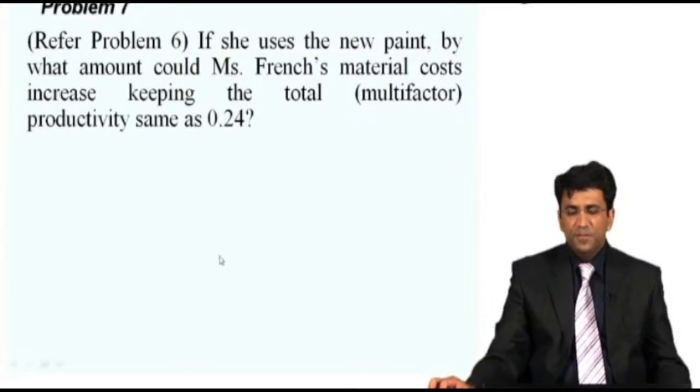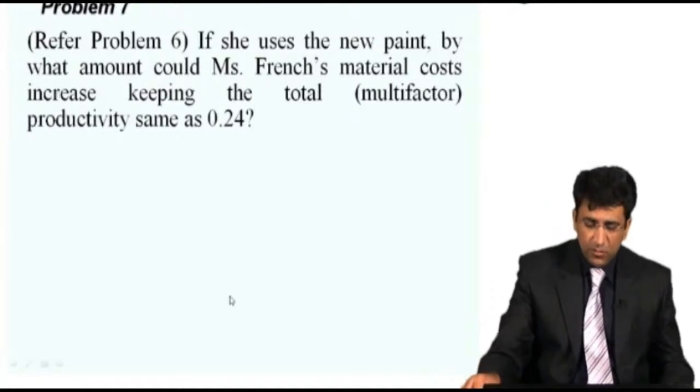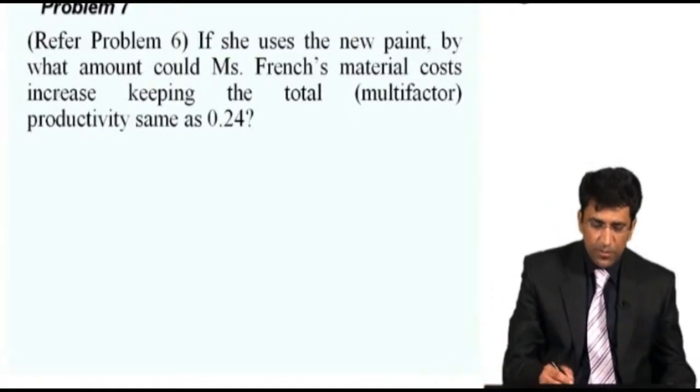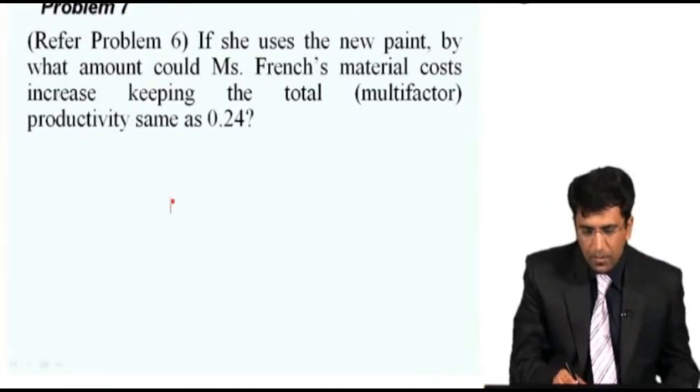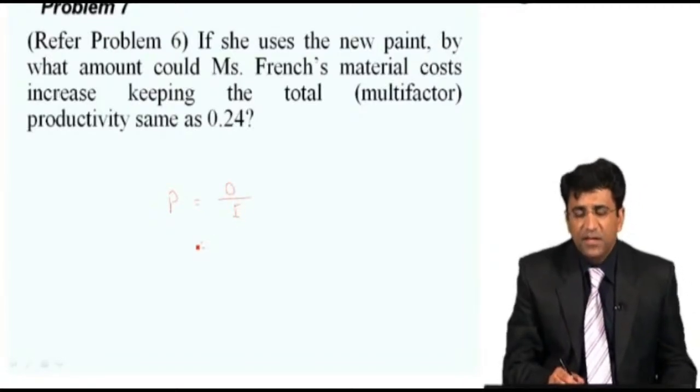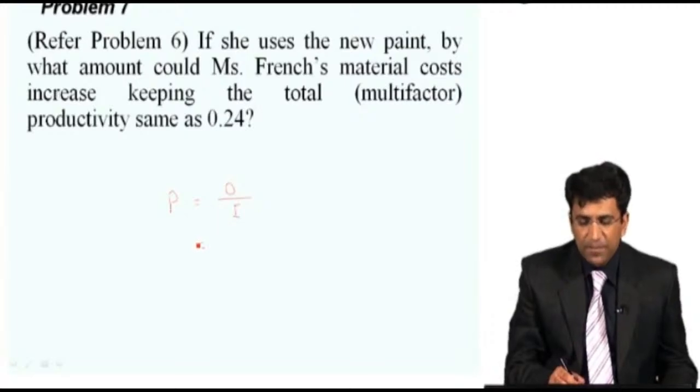Now students, what we can do, as you know, productivity is equal to output over input. Now it is being said in this example that productivity should remain the same.